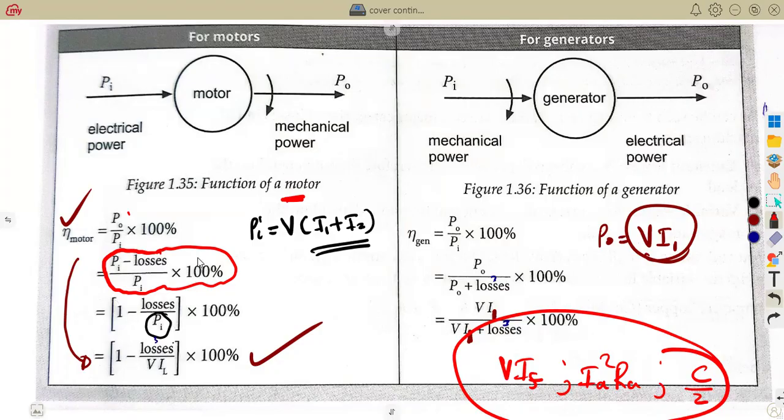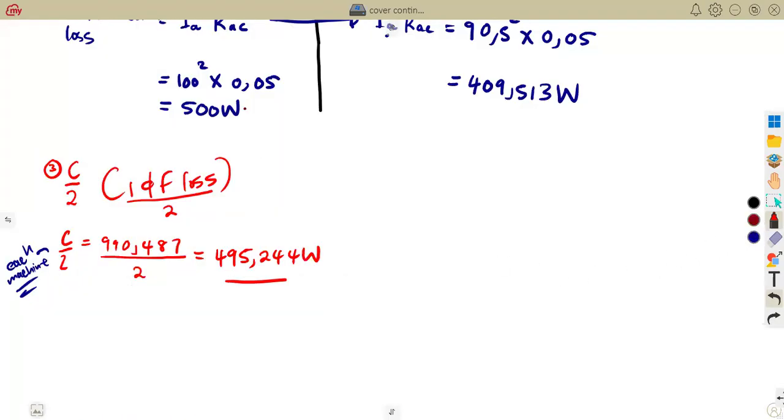If you're checking question papers and you see they use that formula, no, guys, this formula is enough. If you want, you can use that too. It is just one and the same thing. So let's calculate our efficiencies, guys. Just going to start with a motor.